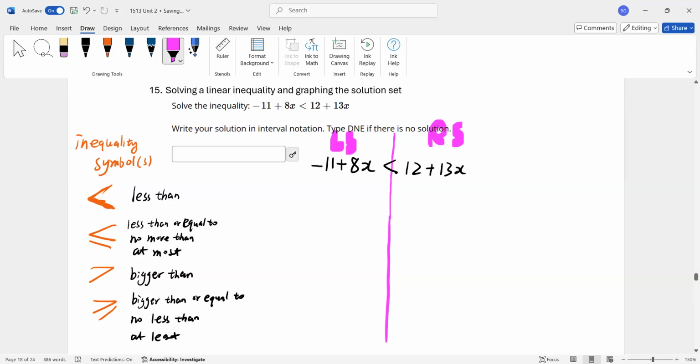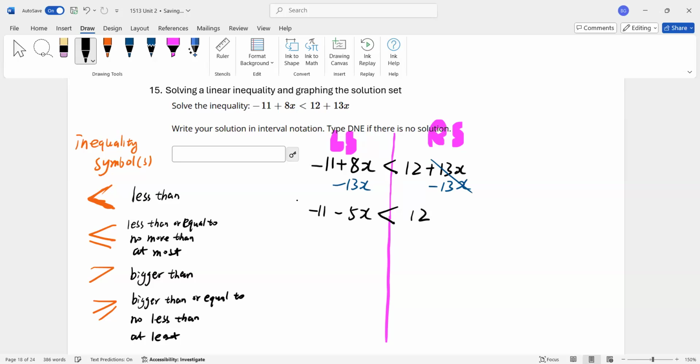For that reason, I'm going to subtract 13x from each side. Now I can get rid of 13x from the right. I'm going to have negative 11 minus 5x. Bring down the inequality symbol. On the right side, we just have 12.